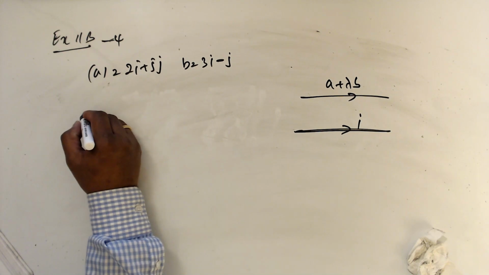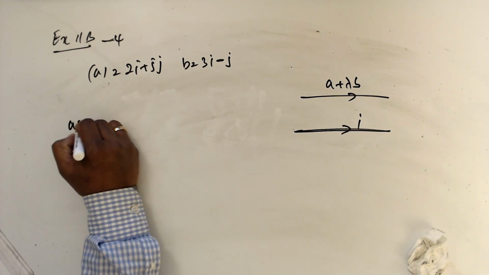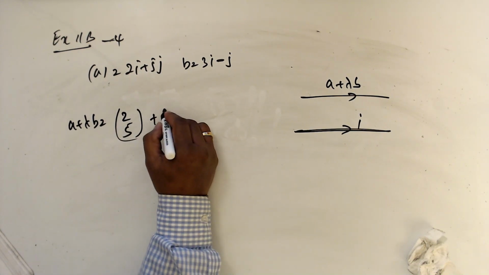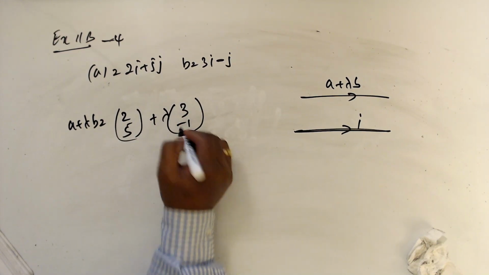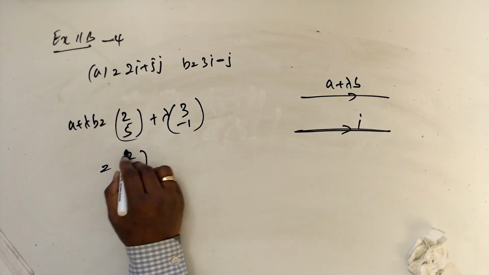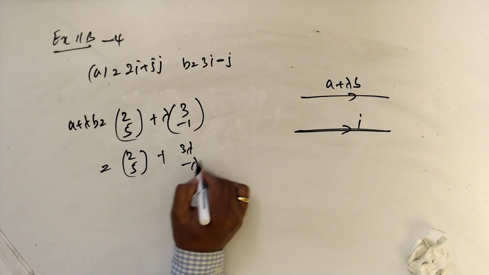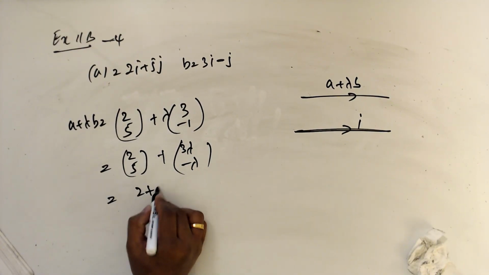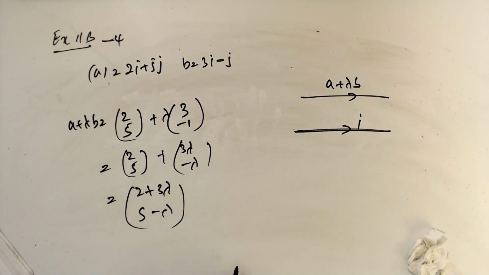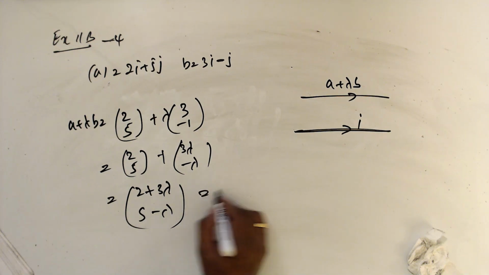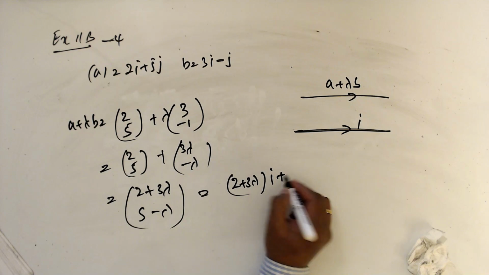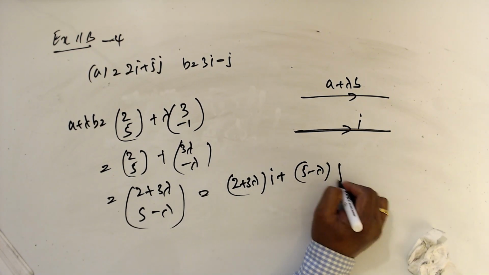So first of all, we'll find a plus lambda b. So a is 2, 5 plus lambda times b, which is 3, minus 1. So this is 2, 5 plus 3 lambda, minus lambda. So 2 plus 3 lambda and 5 minus lambda. That is 2 plus 3 lambda i plus 5 minus lambda j.